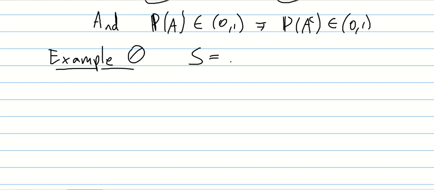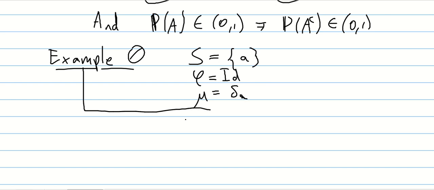If S is a single point A, then phi has to be the identity, and any probability measure has to be delta of A, and this is ergodic. So this is kind of silly, because every event is invariant, but also every event has probability 0 or 1. So this is example 0.